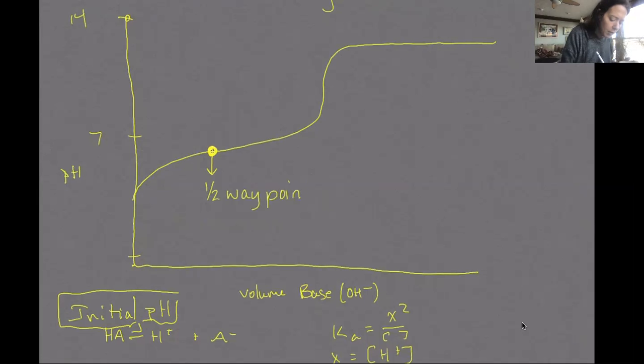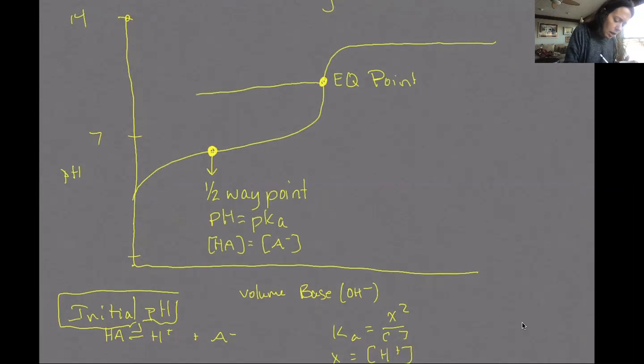Remember, at the halfway point, the pH is equal to the pKa because the weak acid is equal to its conjugate base. This is your equivalence point, all right, and it is above 7.